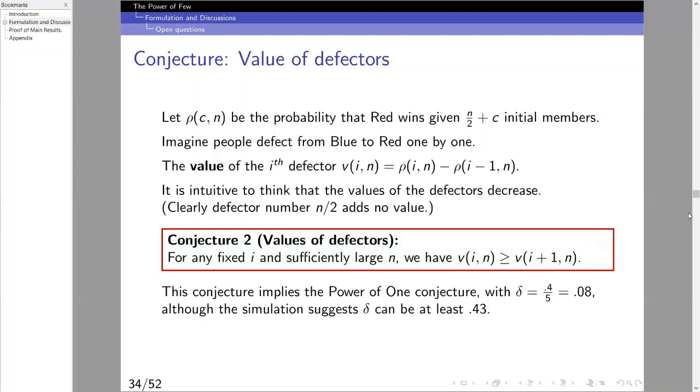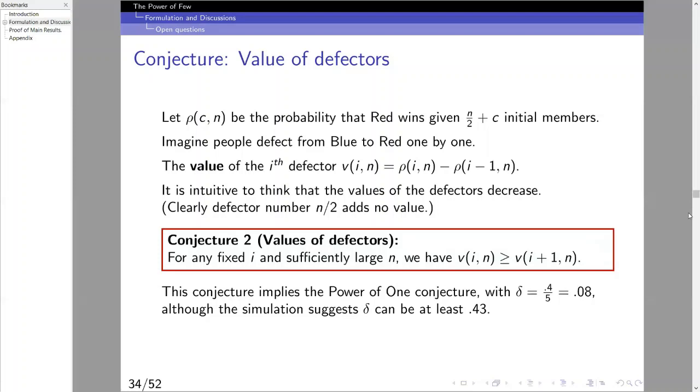It's obvious that the last defector, the one with number n/2, will have no value, because without him, red will also win with probability 1. So we conjecture that this value is diminishing with the number of defectors.